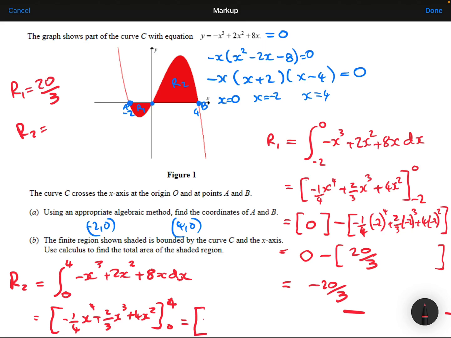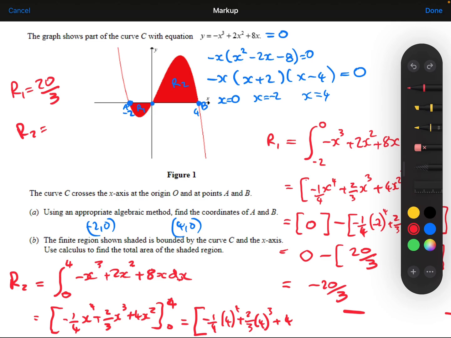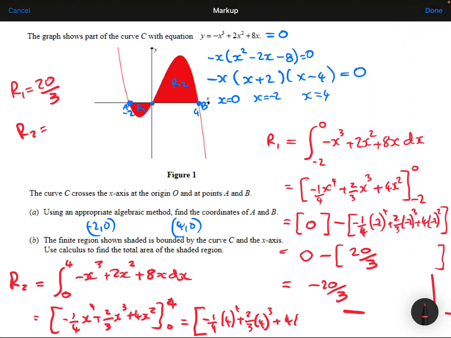Substituting the 4 in, so we've got minus 1/4 times 4 to the power 4, plus 2/3 times 4 to the power 3, plus 4 lots of 4 squared.